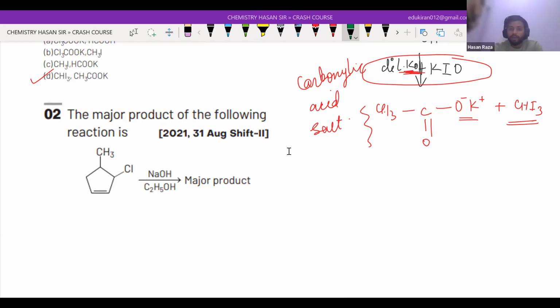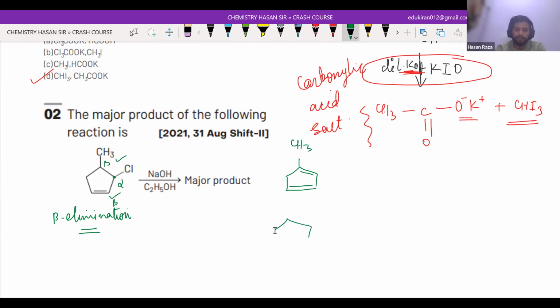And in alcoholic NaOH or KOH, beta elimination takes place, if you remember. Right? Marita, aqueous KOH you are going to add? Yes, sir. So see, this is your alpha carbon, there is a beta carbon, and there is a beta carbon. So you can draw two products. The first one is there is already a double bond. So if you remove the hydrogen from here, there will be a double bond here and CH3 as it is here. And if you remove from here, this will be, I think, the minor product.